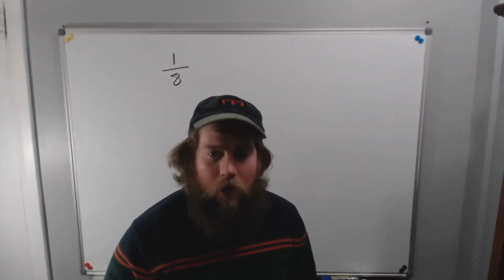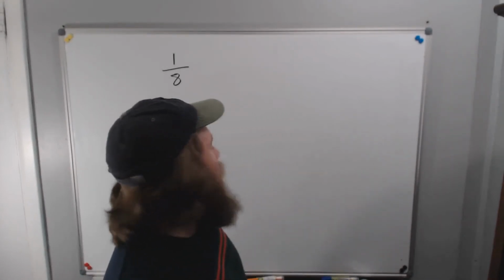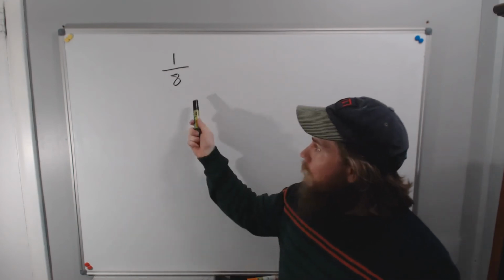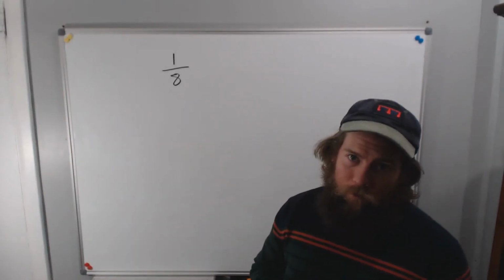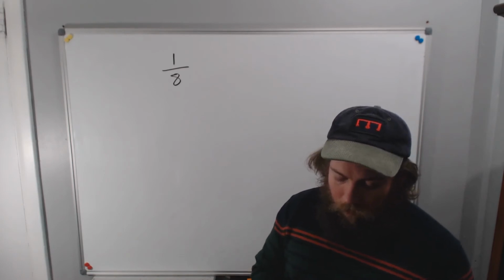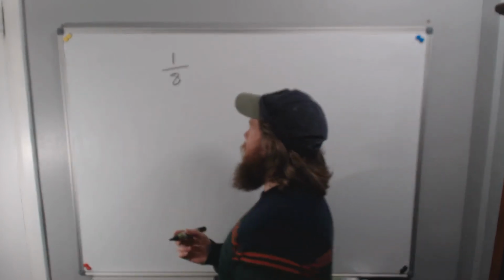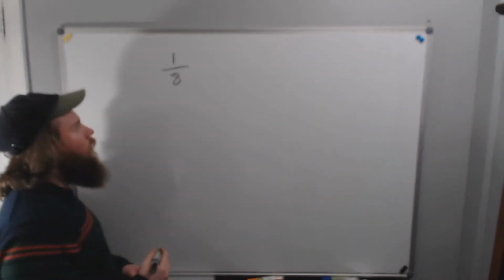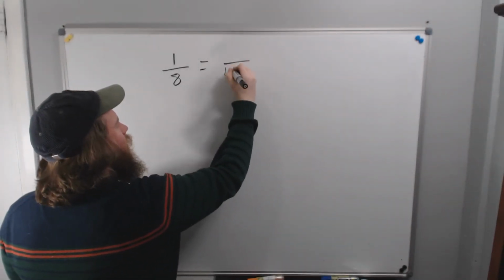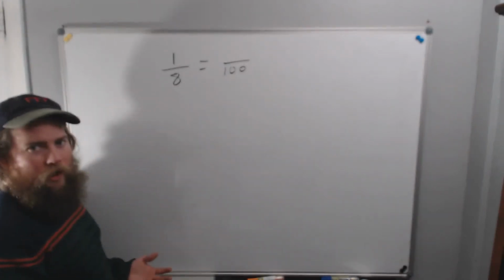Okay, and so in this one, we are going to see what it's like when our denominator is not a factor of 100. Okay, so how we've been going about this is we're saying, well, 1/8 is the same thing as what out of 100, right?